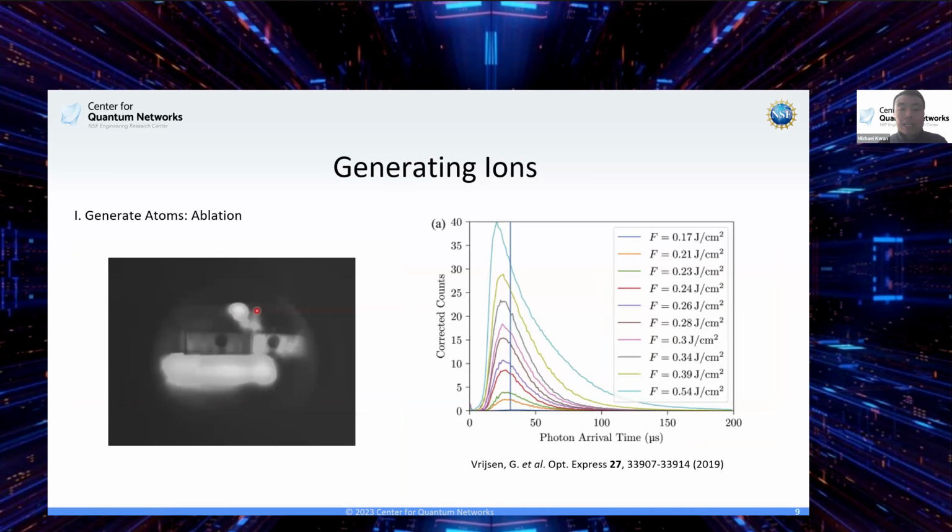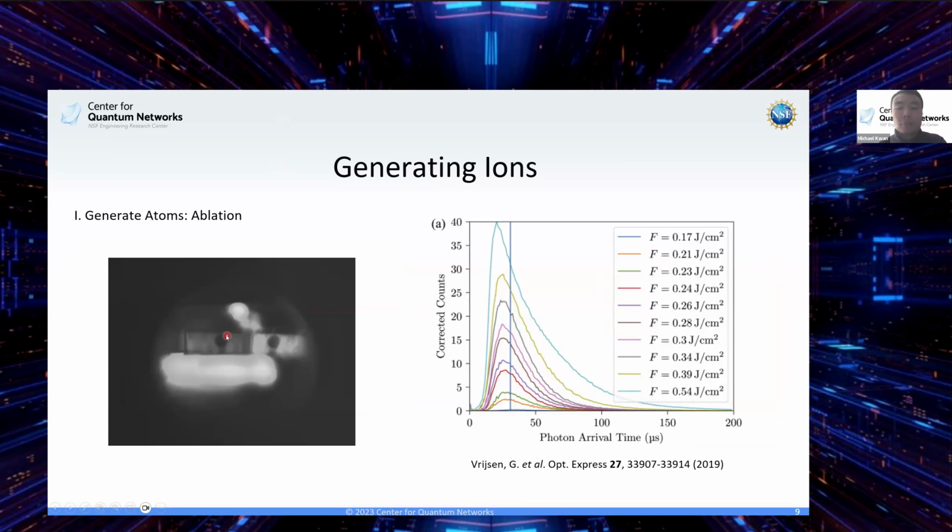Now, ablation loading relies highly on a high-powered laser to sublimate the atomic source. A solid sample is placed behind a cavity in the wall of the interior of a chamber, usually at similar distances as traditional ovens. And here on the left is a photo of two adjacent ablation targets sitting about 10 millimeters from the trapping region.